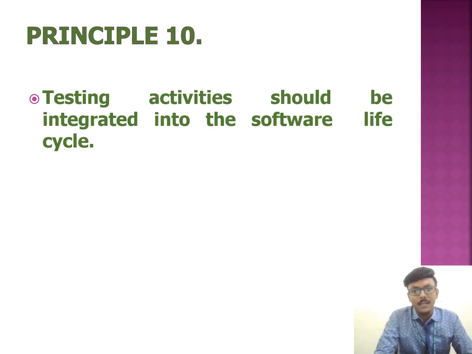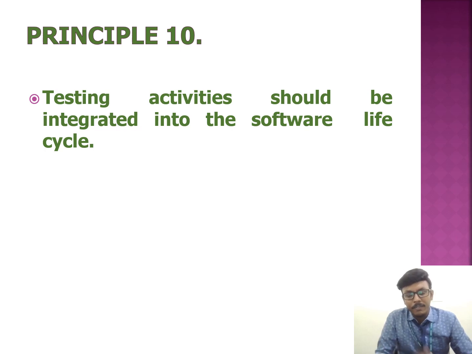Next principle: testing activities should be integrated into the software lifecycle. That is very, very important because testing is not done at the end of the day. Whenever we start developing the product, at that time itself we can do the testing in parallel so that we can avoid some major disaster.